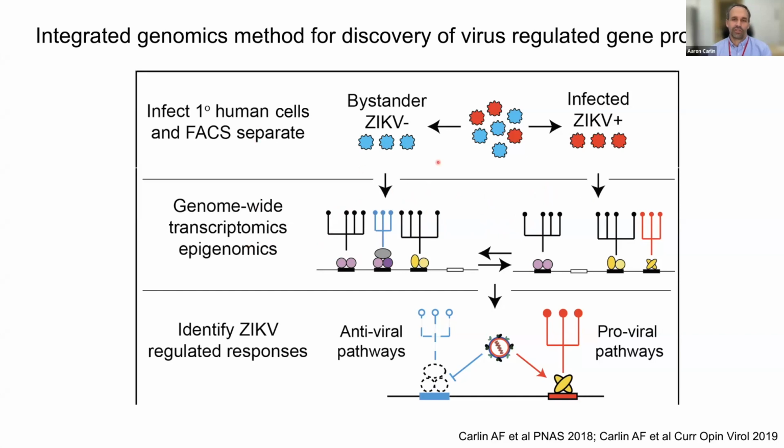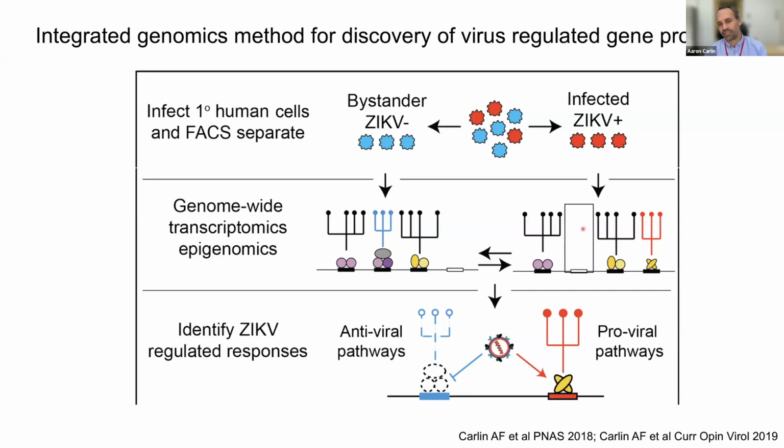Using this method, we have developed the ability to do many types of genome-wide approaches, including transcriptomics and many genomic methods. Then we're able to compare these bioinformatically to identify patterns that are missing in infected cells that are present in bystanders.